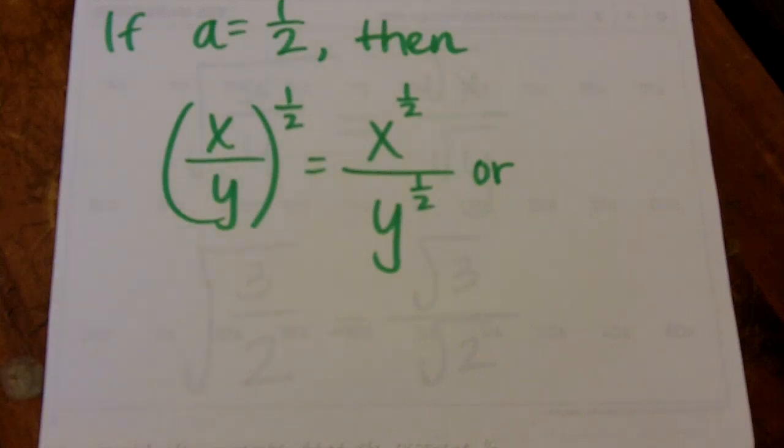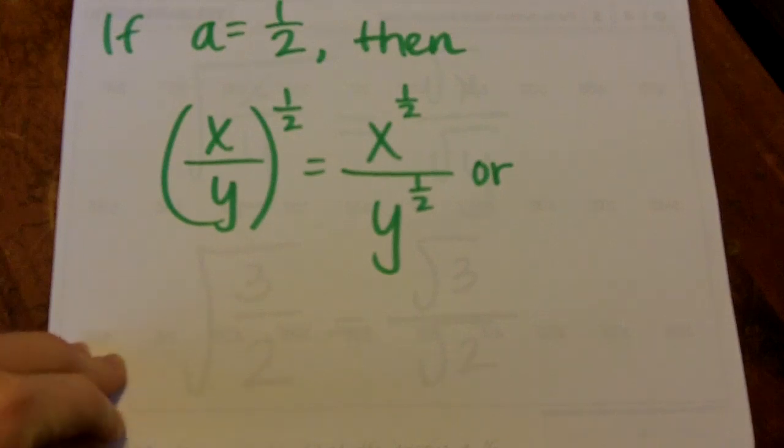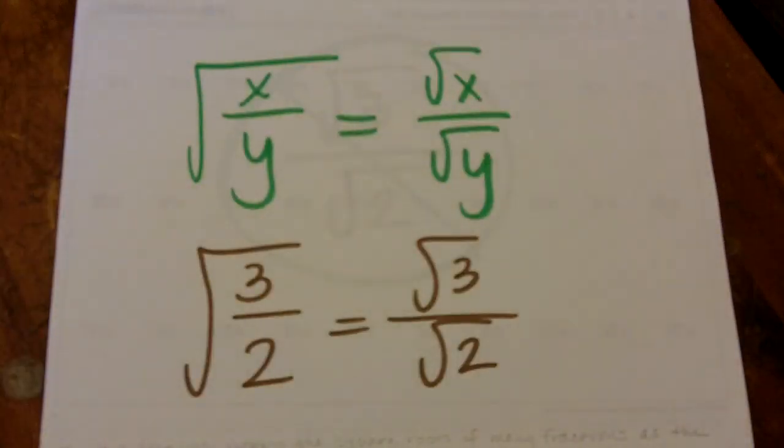You should also remember that the exponent 1/2 is equivalent to a radical, or taking the square root. So the square root of the fraction x/y is the same thing as the square root of x over the square root of y.